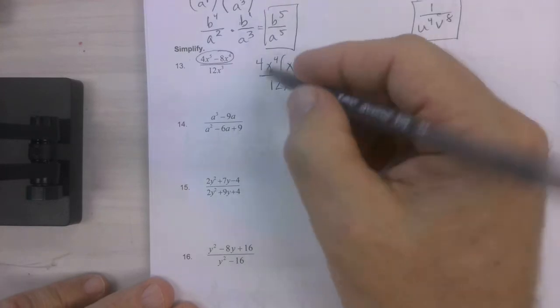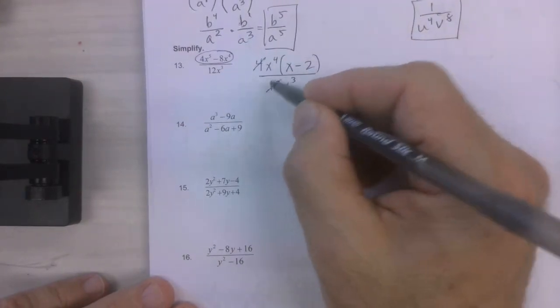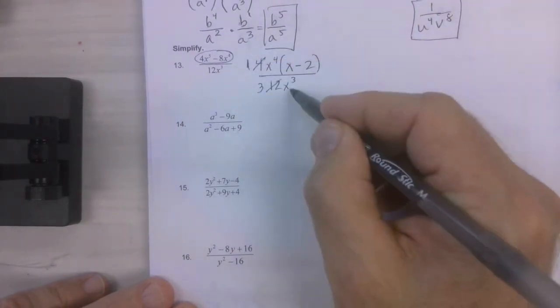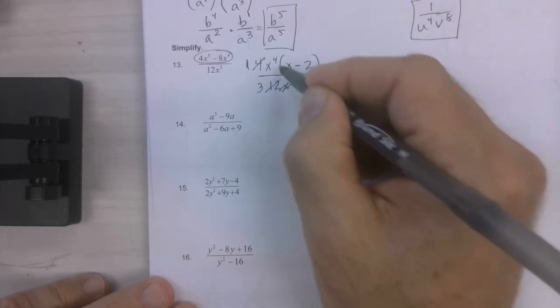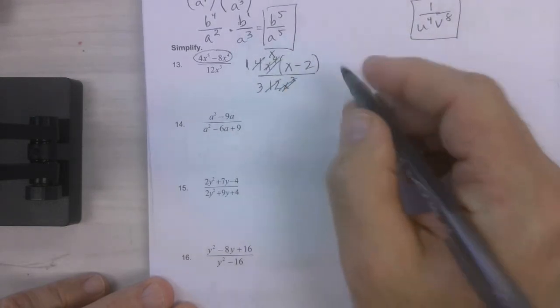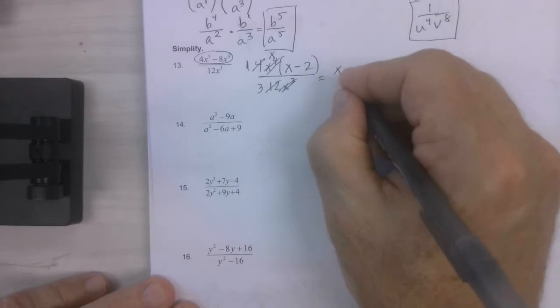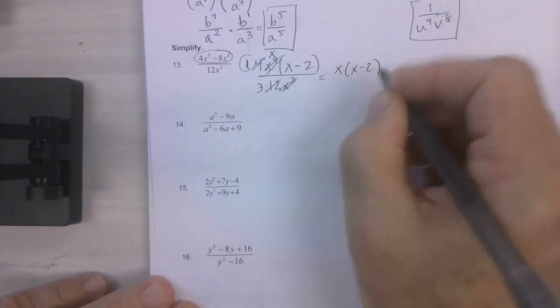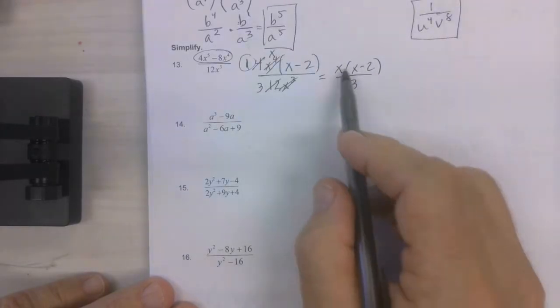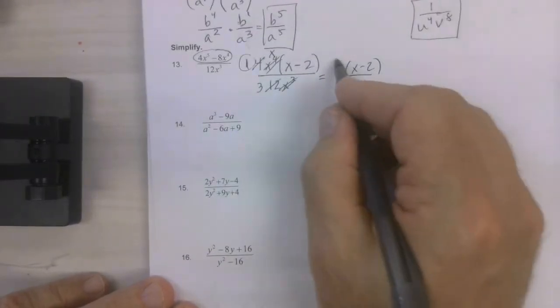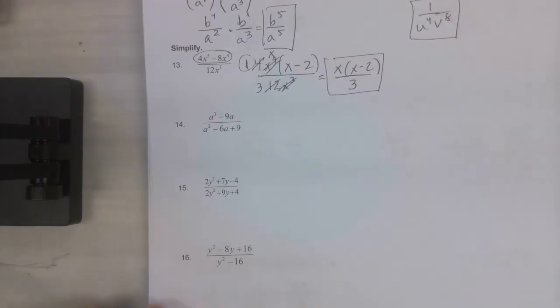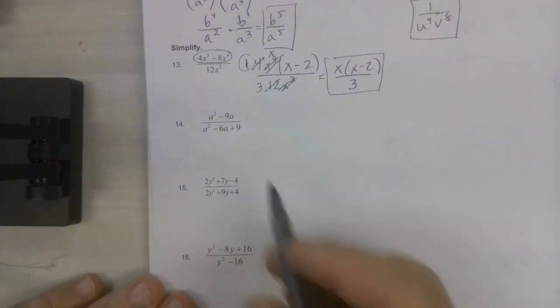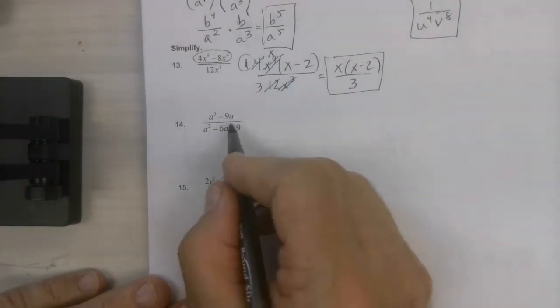Now if you want to take a look at this, 4 and 12 reduces to 1/3. Where are there more x's? 1 in the top, and then that would turn into just x. I'm ignoring that 1, so x minus 2 all over 3. Now you could distribute this, but it's really not going anywhere, so we can just leave our answer right there. So again, factor, factor, factor.